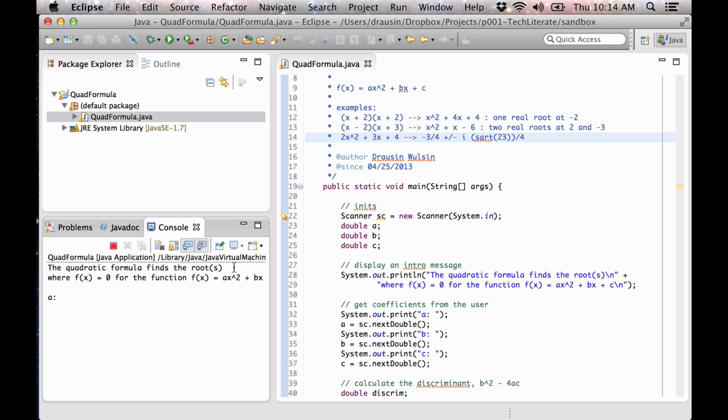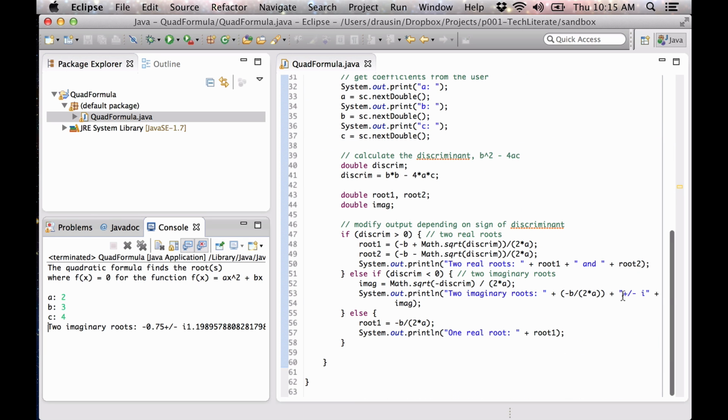Okay, so now let's put in 1, 1, -6. Okay, so we get 2 and -3. That looks good. And now let's put in our non-factorizable one. Okay, so this is looking good, -0.75. Oh, we've got a minor formatting thing.